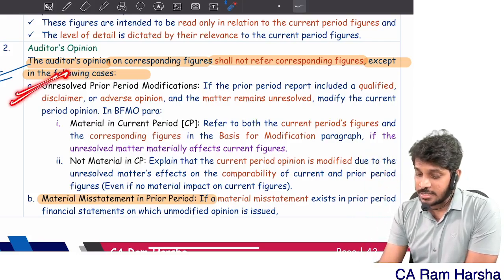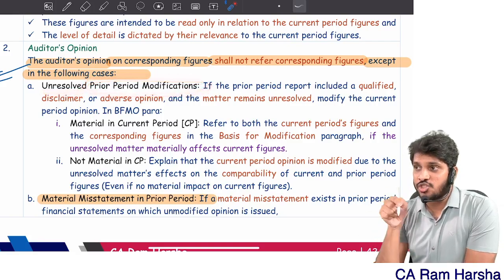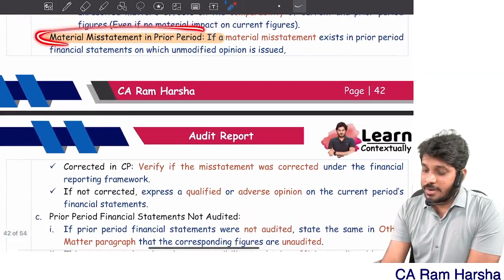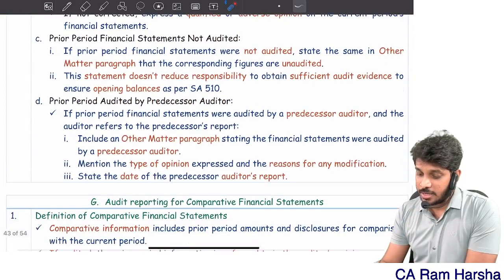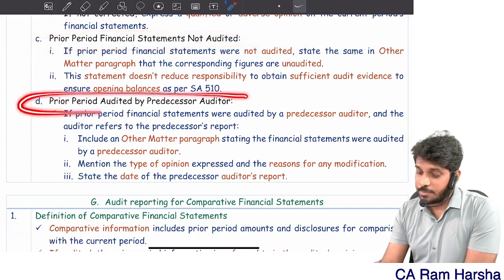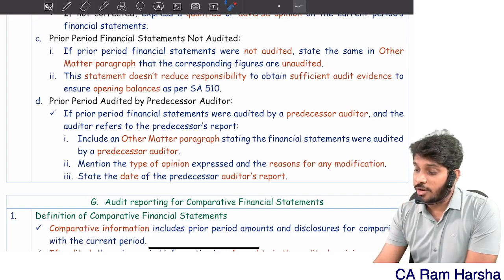One circumstance is, in the prior period, a modified opinion is there that is still unresolved in the current year. Material misstatement is there in the prior period, or prior period financials were not audited, or prior period financials were audited by a predecessor auditor, meaning another auditor has audited the prior period.